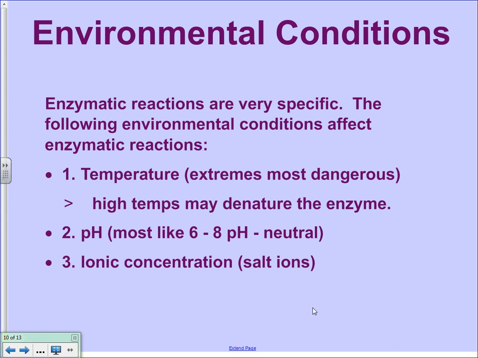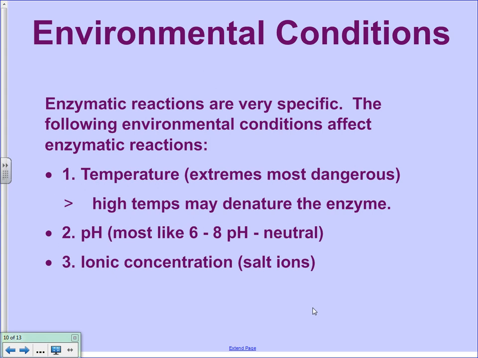There are a few environmental conditions that will greatly affect enzymatic reactions. So for example, temperature. All enzymes are able to work optimally within a certain range. Now, high temperatures, because they're a protein, may denature the enzyme, meaning that it wouldn't work as effectively. Same with pH. Enzymes have an optimal pH range.